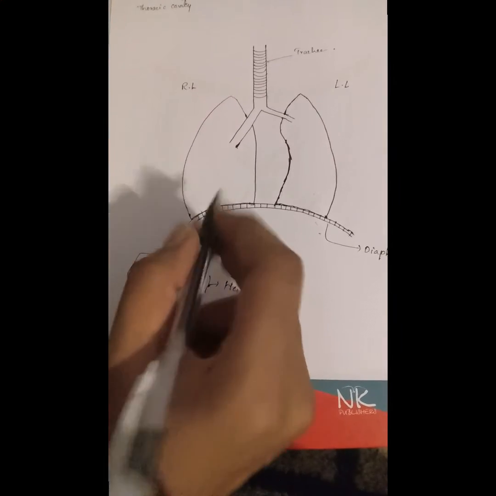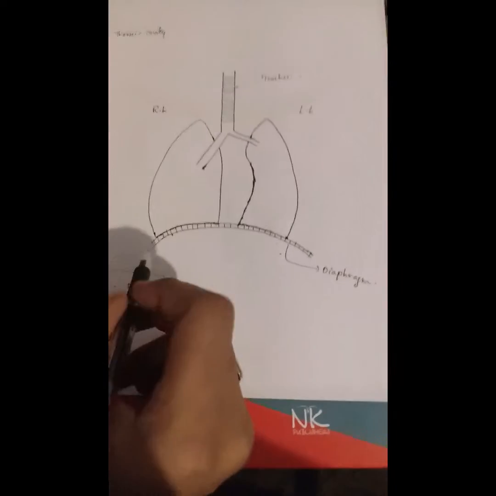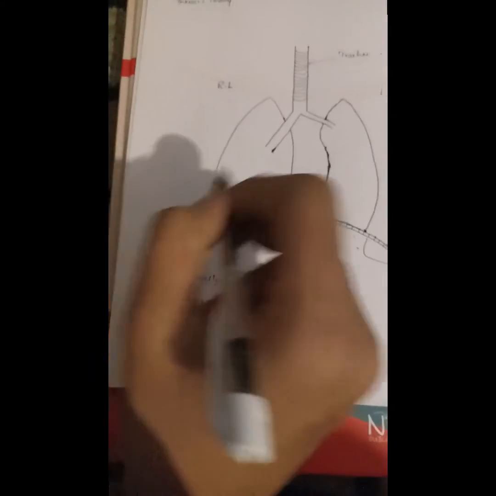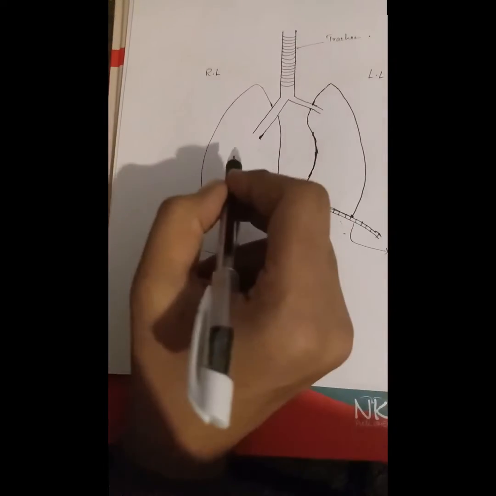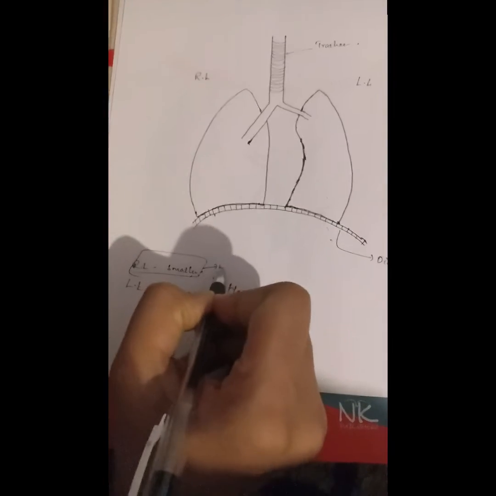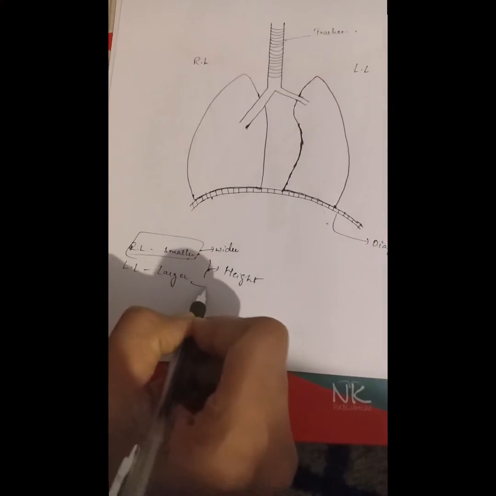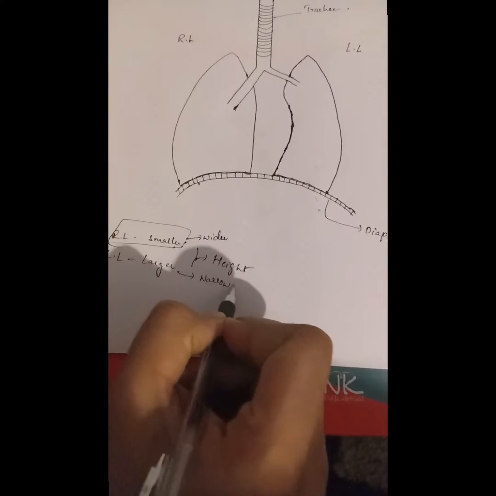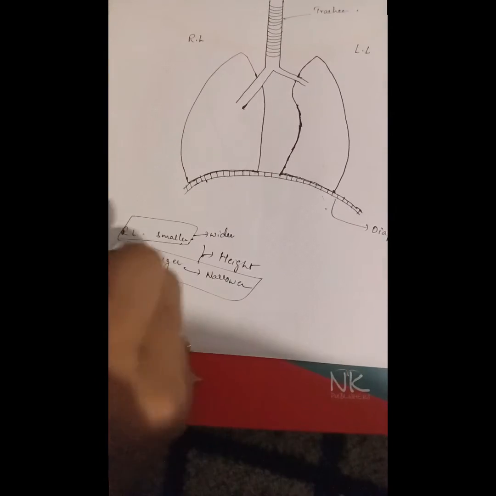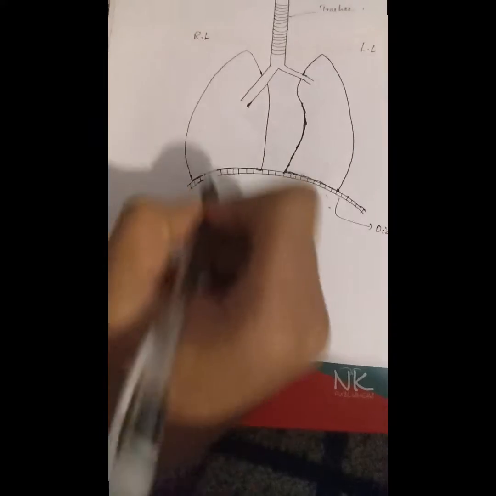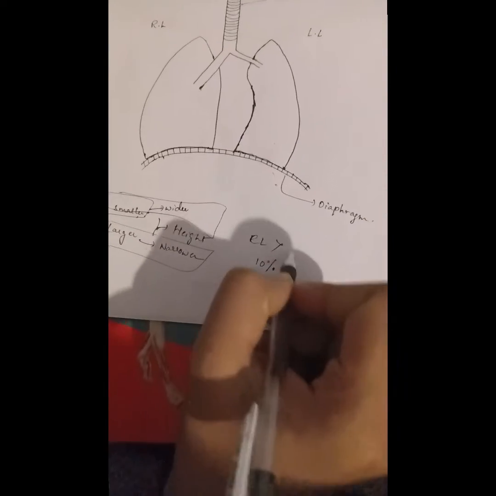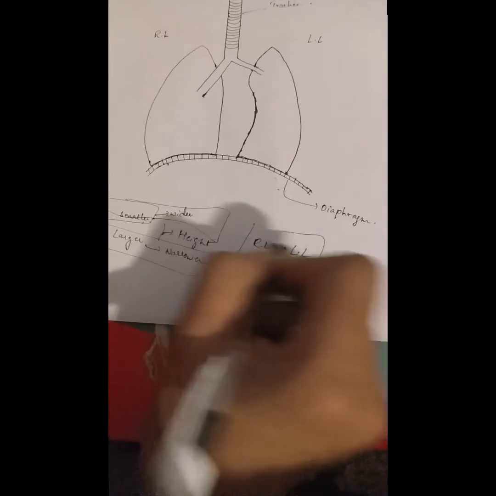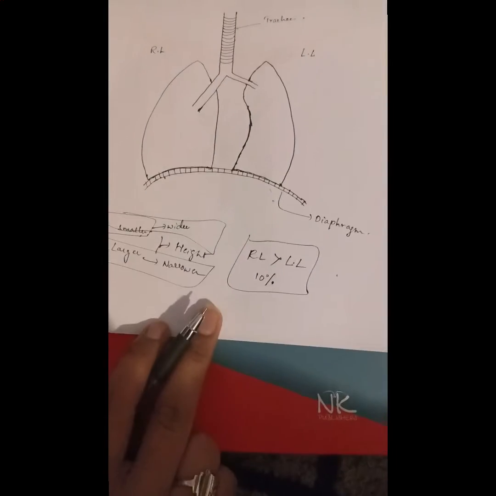The right lobe of the liver is greater than the left lobe, so the right lung is smaller in height when compared with the left lung. The right lung is wider and the left lung is narrower. So finally we can conclude that the right lung is 10% greater in size than the left lung, and the volume of the right lung is greater than the volume of the left lung.